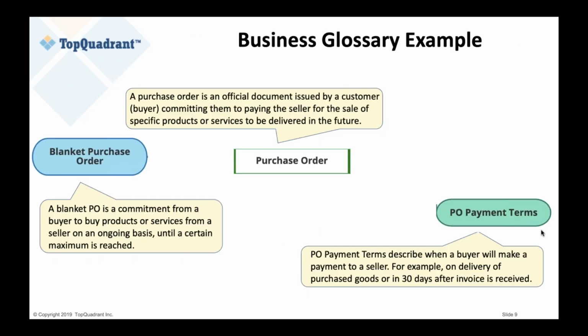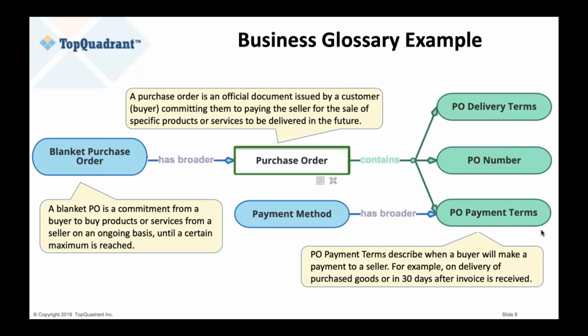Speaking of relationships, here's another quick example. We see three terms here with their definitions: purchase order, blanket purchase order, payment terms. When you look at them, you realize that of course they have some kind of relationship between those terms, and those relationships can be different.